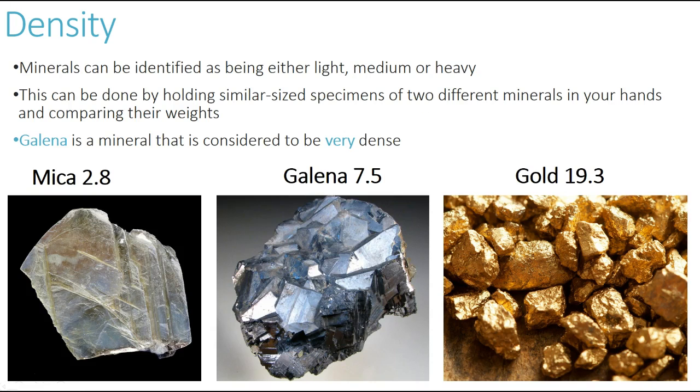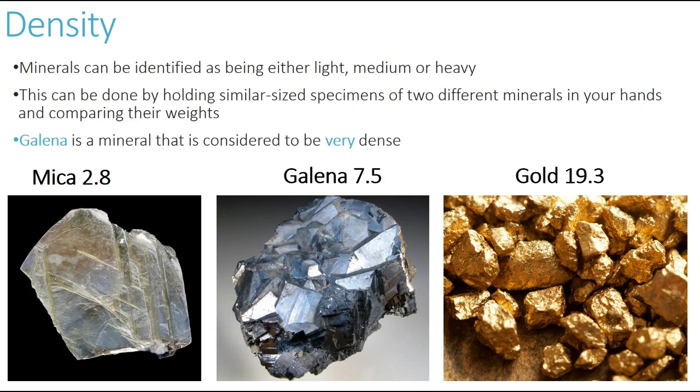Now, density can be a diagnostic feature for some minerals, but mostly it's only really diagnostic for a couple of minerals. Minerals can be identified as being either light, medium, or heavy in terms of density. The way that you do this is by holding similar sized specimens of two different minerals in your hands and comparing their weights. So it really is a relative type of measurement.